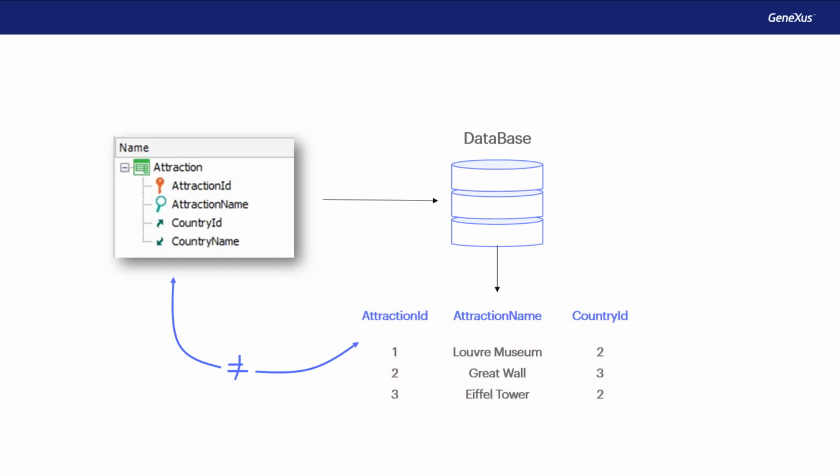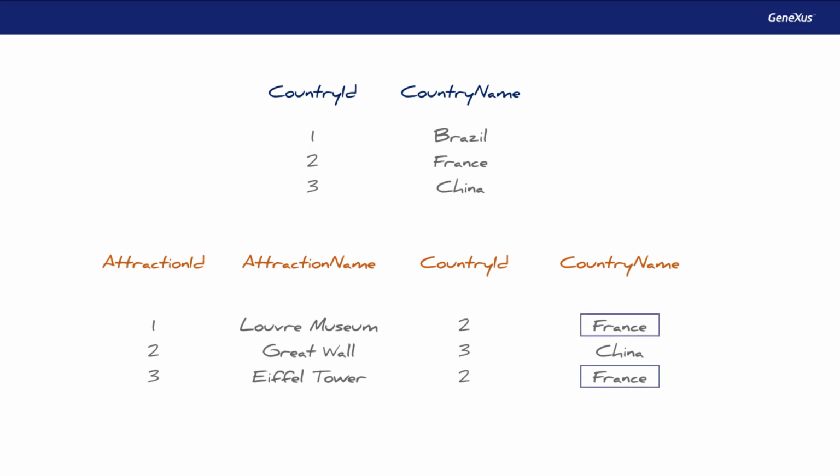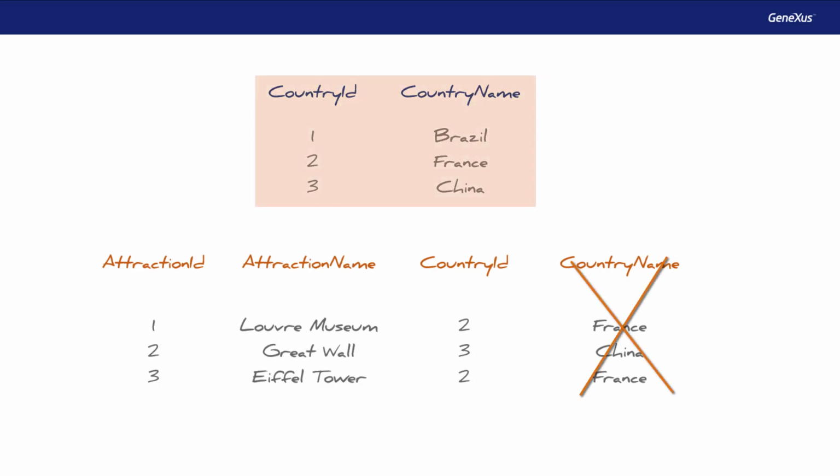We must be aware that not all the attributes included in a transaction structure will later be stored in the physical table created based on this transaction. Storing the country name in several physical tables would mean storing duplicate data. Instead, the country name can be retrieved from a single location where it's stored, which is to say, from the country table. This structuring of the tables to avoid data inconsistencies is called database normalization.